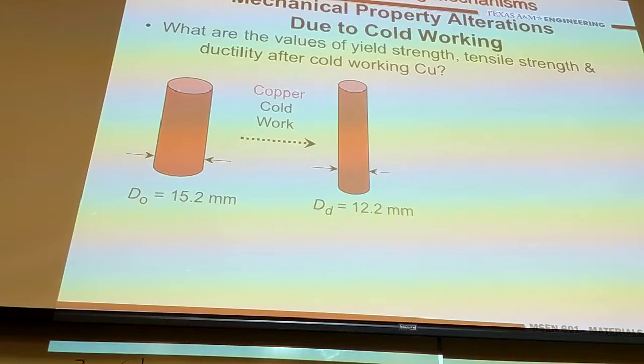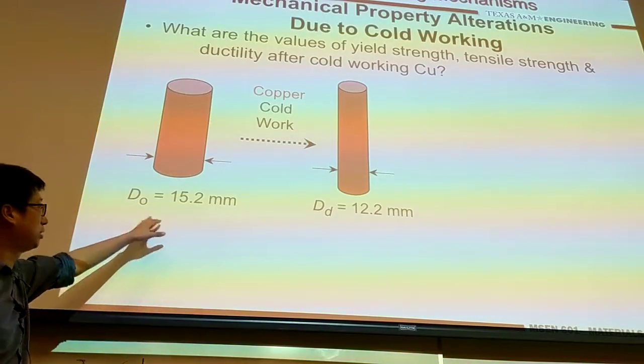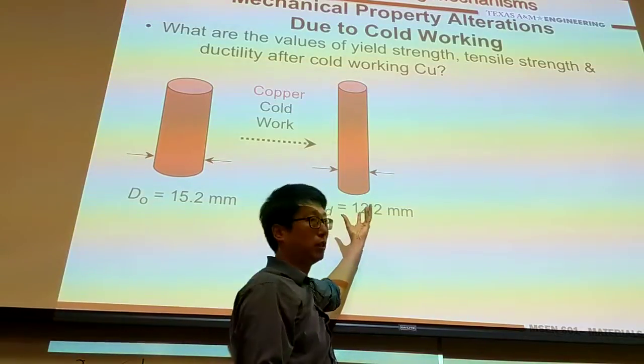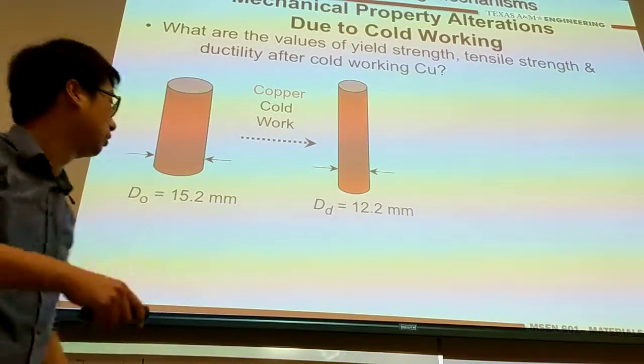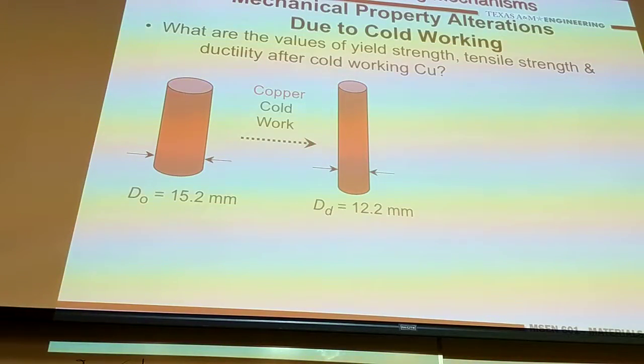Okay. For example, here you start with a carbon rod, a cylindrical one, and you have a diameter of around 15.2 millimeter. And after cold work, for example, extrusion, you form a diameter that is reduced down to 12.2 millimeter. Can you calculate what the corresponding cold work amount is first? You can do that, right? Very easy.